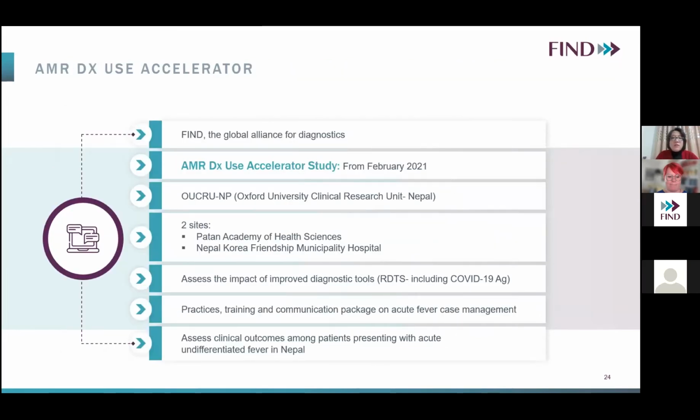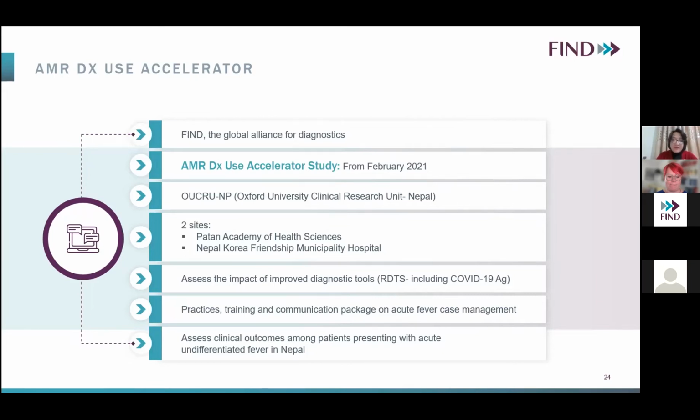So if I have to talk about the AMR Diagnostic Use Accelerator, the study that is going on in Nepal, it started from February 2021, and it is being done by Oxford University Clinical Research Unit, Nepal, at 2 different sites currently, in Patan Academy of Health Sciences and in another hospital, Nepal Korea Friendship Municipality Hospital.